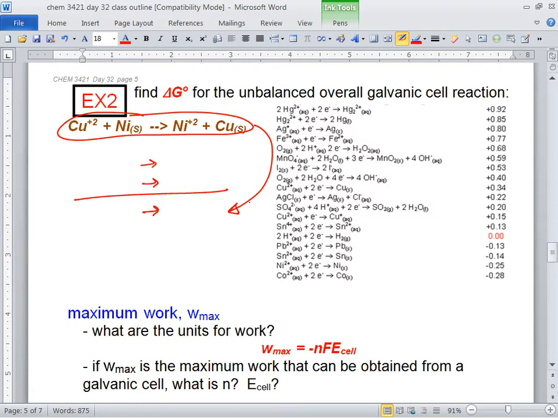So find the two half reactions and their E0s, standard cell potentials. Here's one. Here's the other.